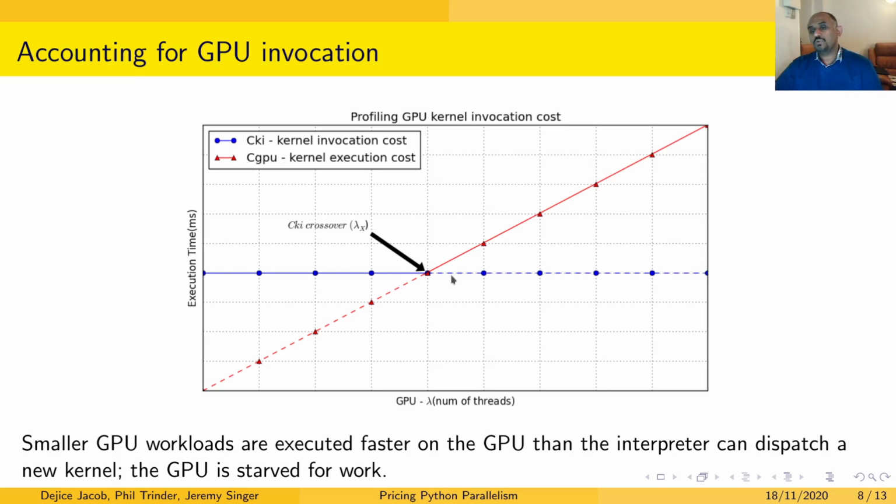Beyond this point, the GPU will always have work, and the interpreter is able to dispatch more work before the GPU finishes its previous batch of work. And we take the maximum of either this lambda x value, this crossover value, which is the overhead of invoking the GPU kernel, or the total amount of work, the number of time steps taken by the GPU.